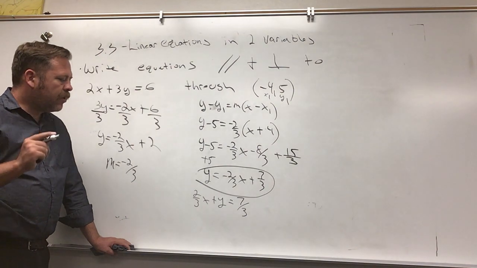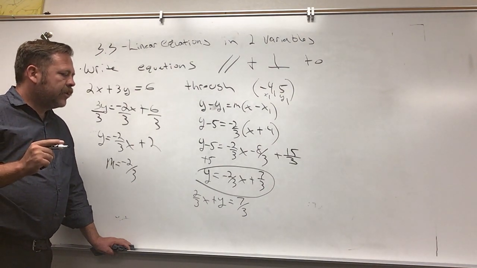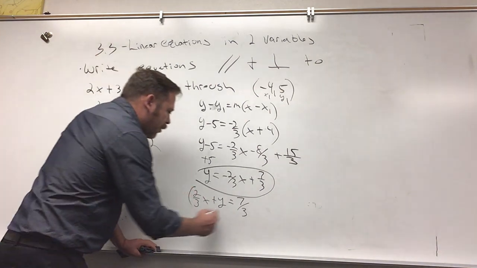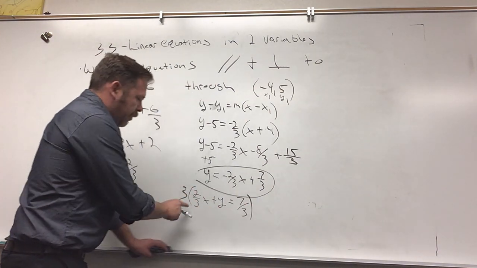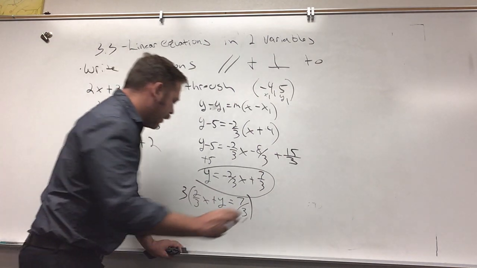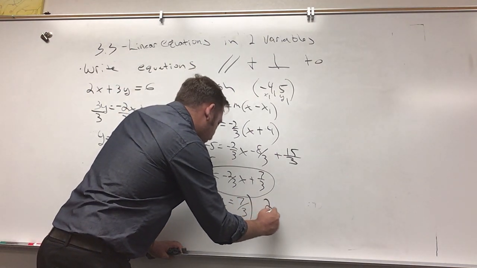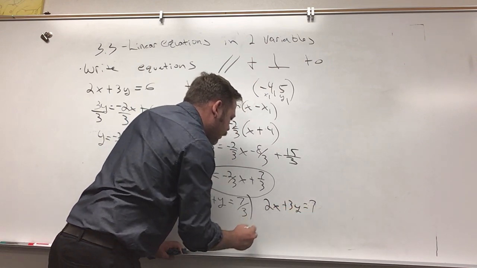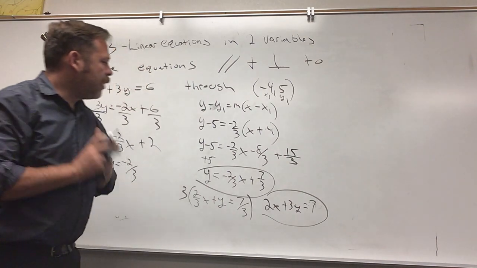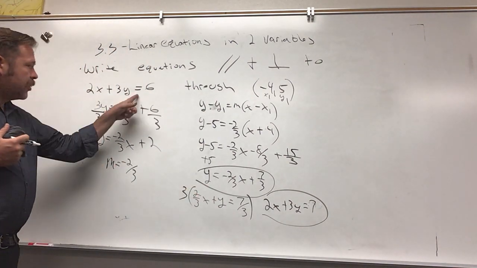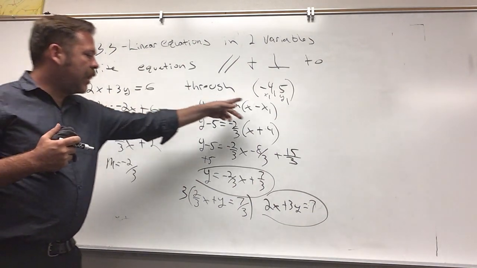Then I need to do one more thing to get it in standard form, which is to multiply by 3. And if I multiply by 3 on both sides, well, this 3 is going to cancel. I'm going to have 3y, and this 3 is going to cancel. And I get 2x plus 3y equals 7. So I have two great forms of an equation that is parallel to this original line and goes through that point.